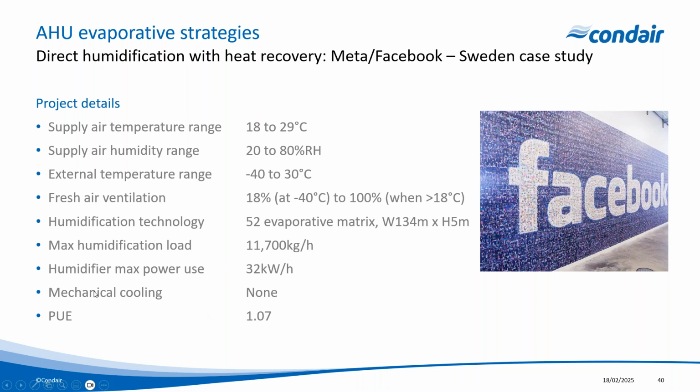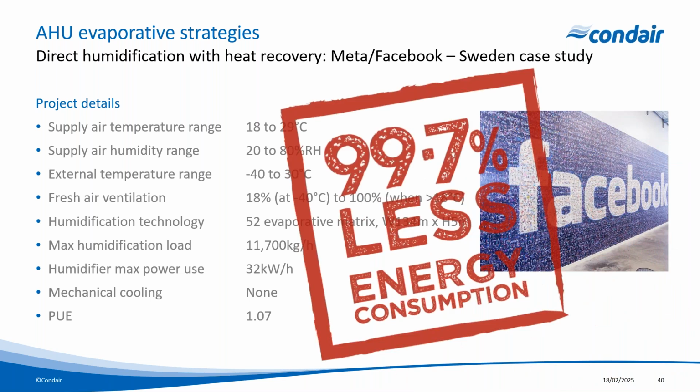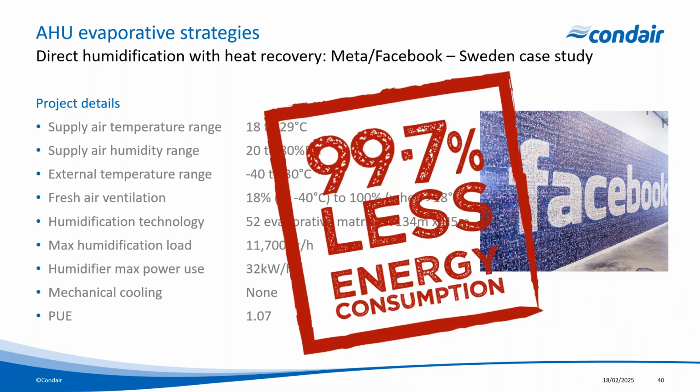And again, there was no mechanical cooling system installed here, resulting in an overall PUE of around 1.07. Now, if you were to compare the power consumption for the evaporative systems to, say, an electric humidification system, the evaporative system would use 99.7% less energy. So huge potential savings from the humidification side.